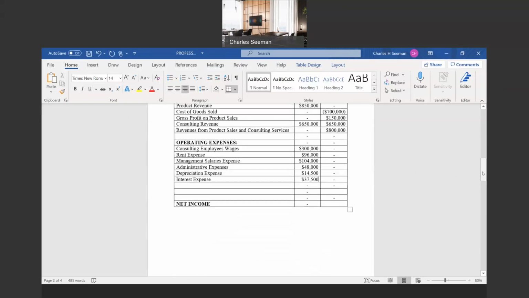Okay, like we said in class, you can combine these things. They don't have to be shown like this, or you can combine the total and put total operating expenses. The key is you must have a line that says total operating expenses.